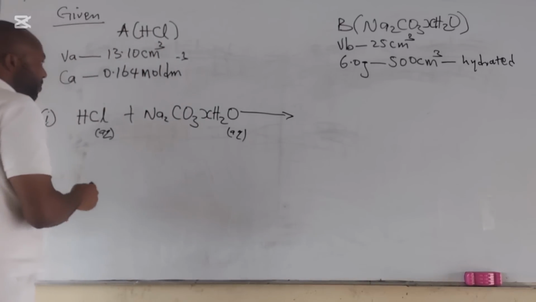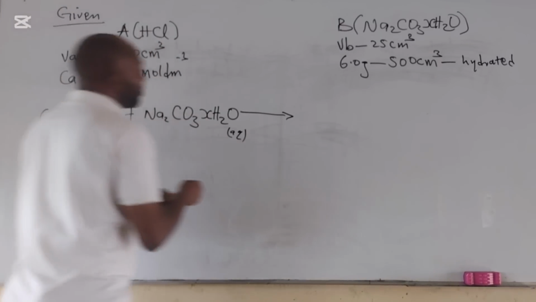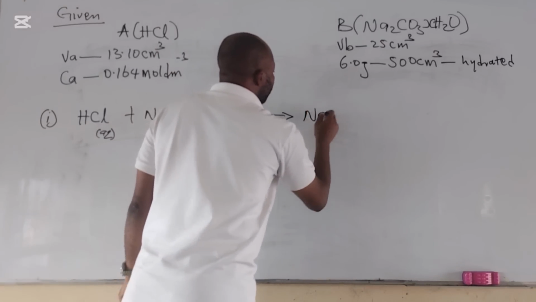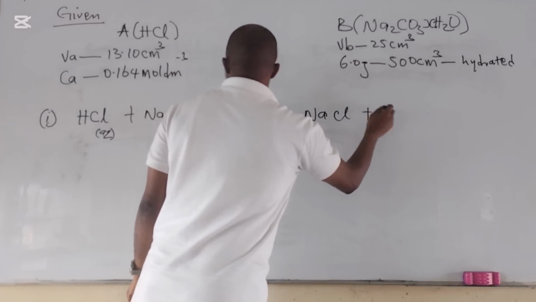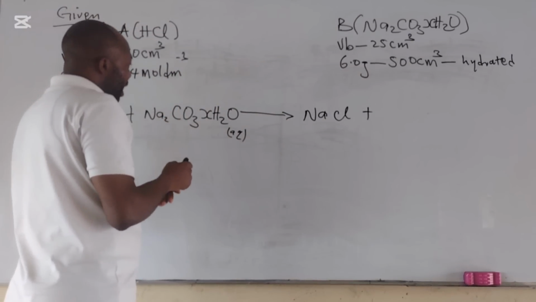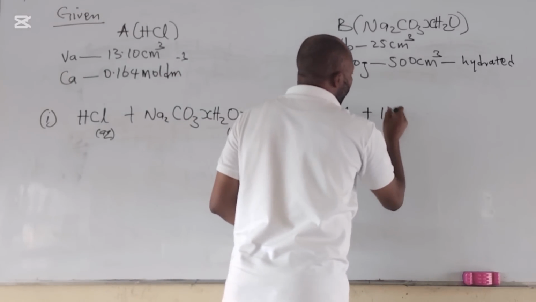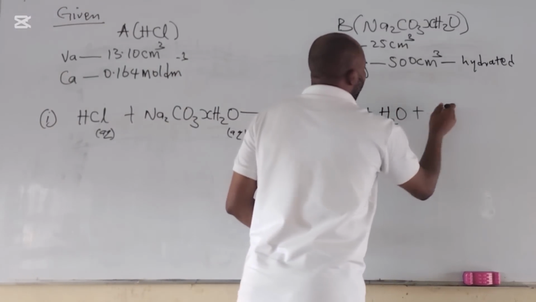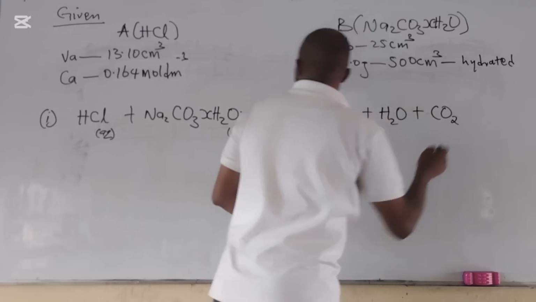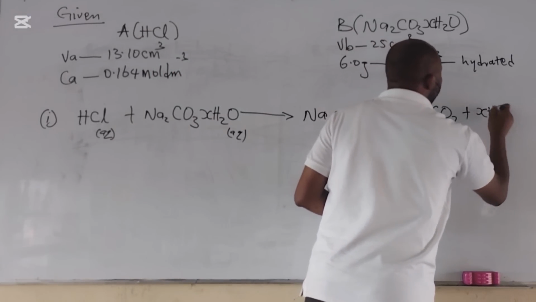My metallic part here is sodium reacting with the non-metallic, so I have my sodium chloride plus the hydrogen and the carbonate. So we have hydrogen carbonate left. When you decompose that, you're going to have water plus CO2. But there was also another water here, so that is plus X water.